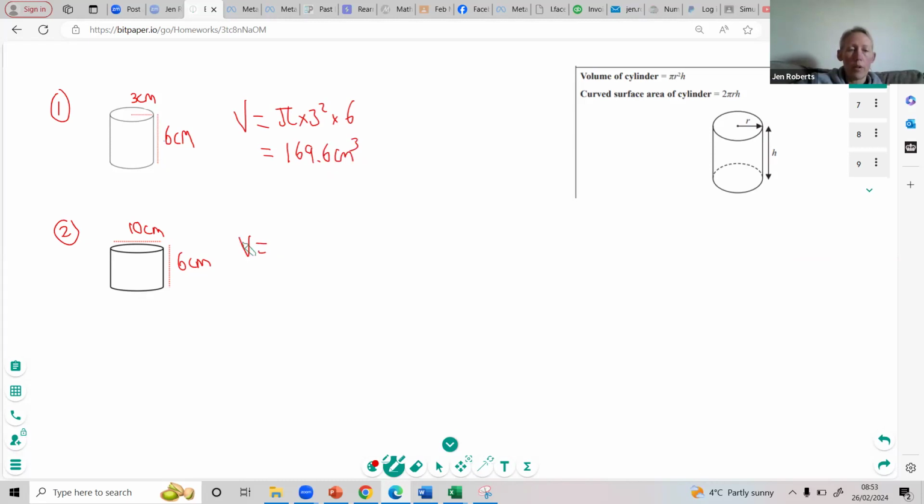The second one, don't forget to halve your diameter here to get your radius is 5. So pi times 5 squared times 6, volume 471.2 centimetres cubed. Okay, that's the end of our video on volume.